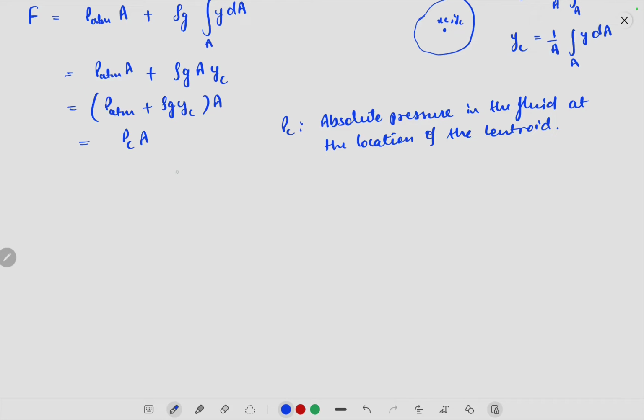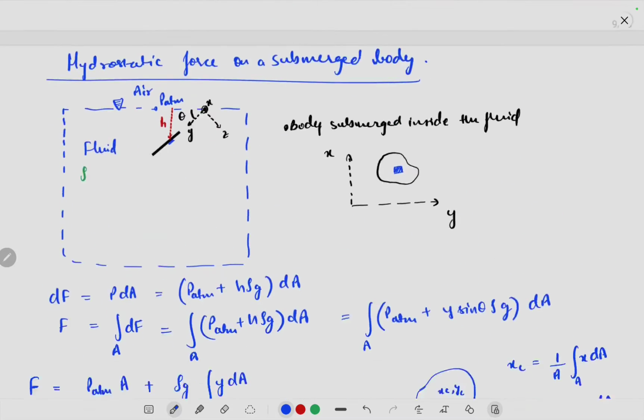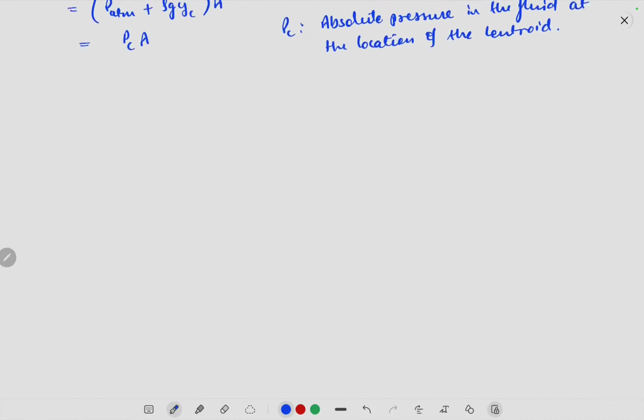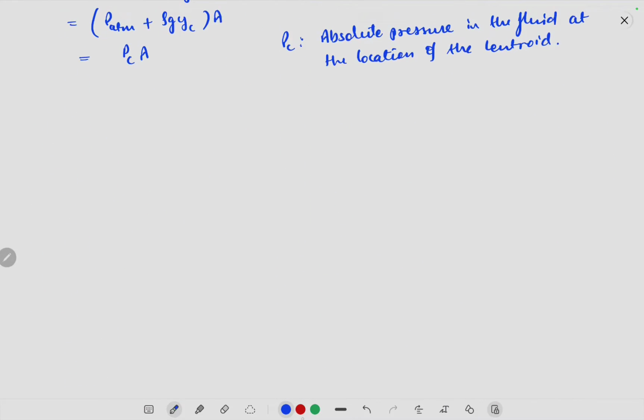Now most of the problems that you will encounter for finding the force on a submerged body will be like this. You have a body, and the fluid is filled only on this side, so the body feels the fluid on this side, and air is on the other side.